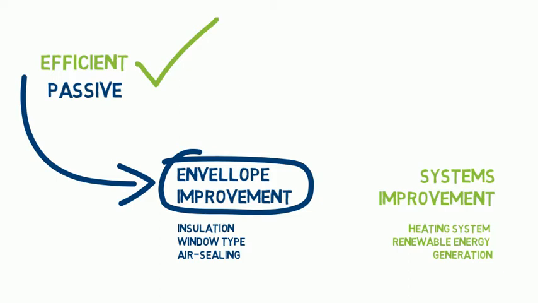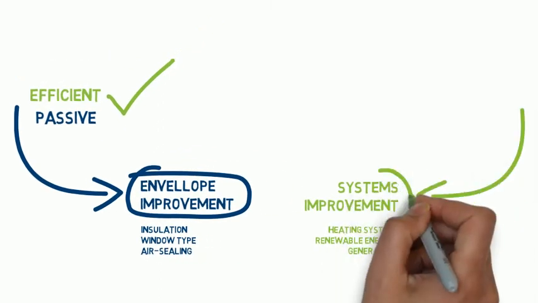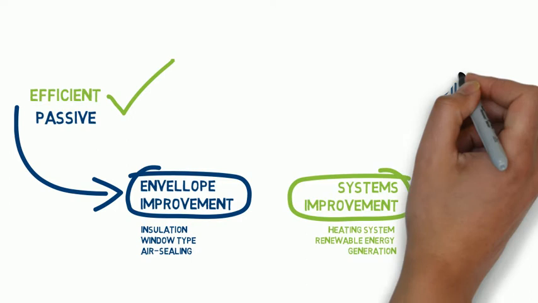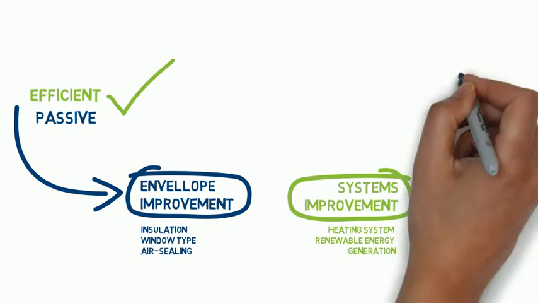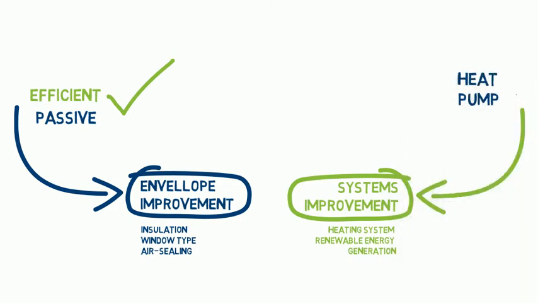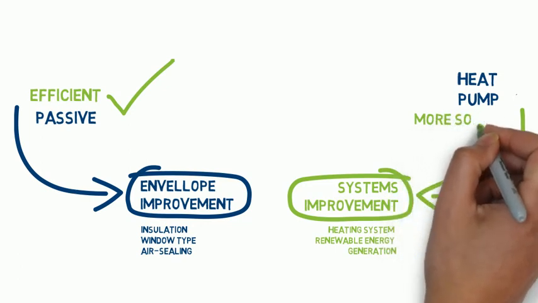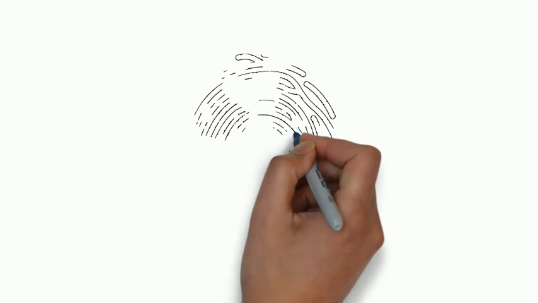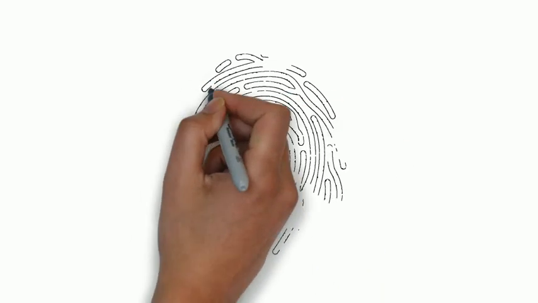If you find that your design does not achieve compliance even with the level Efficient, you can explore key systems improvement alternatives. These might involve, for example, changing from an oil boiler to an efficient heat pump, or increasing the area of solar panels on your roof. Remember, each building is as individual as a fingerprint, so knowing in advance what precise measures will ensure compliance is almost impossible to predict.